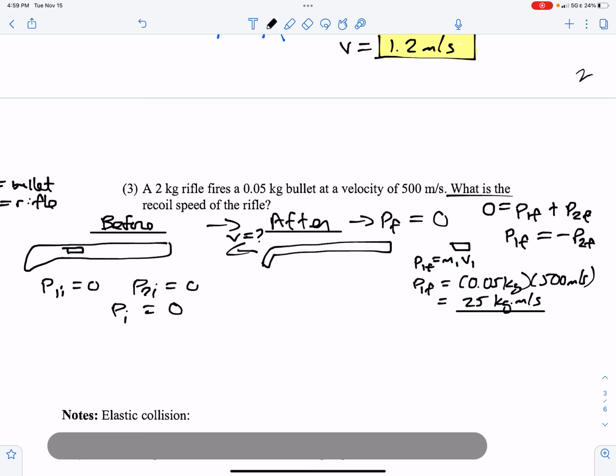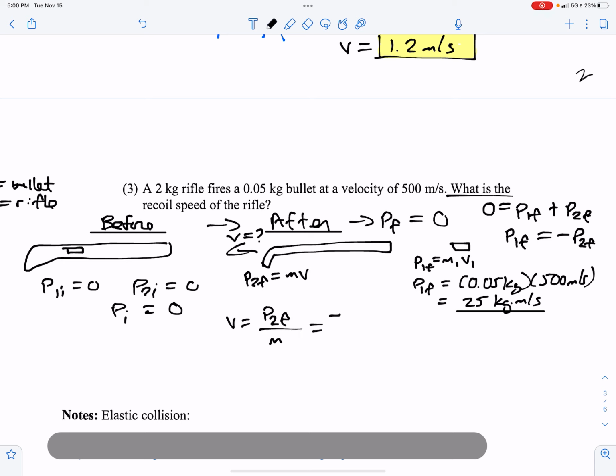Okay, so if we're looking for P2 final, right, is equal to mass times velocity, and P2 final is going to be equal and opposite to P1 final. Solving for velocity, right? P2 final divided by the mass.